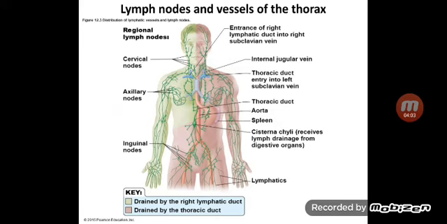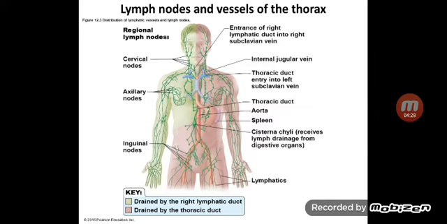The lymphatics of the thorax, lymph nodes and lymphatic vessels. Of course, we will divide it into two regions: thoracic wall and mediastinum. The lymphatic vessels of the skin of the anterior thoracic wall drain into the anterior axillary lymph node.